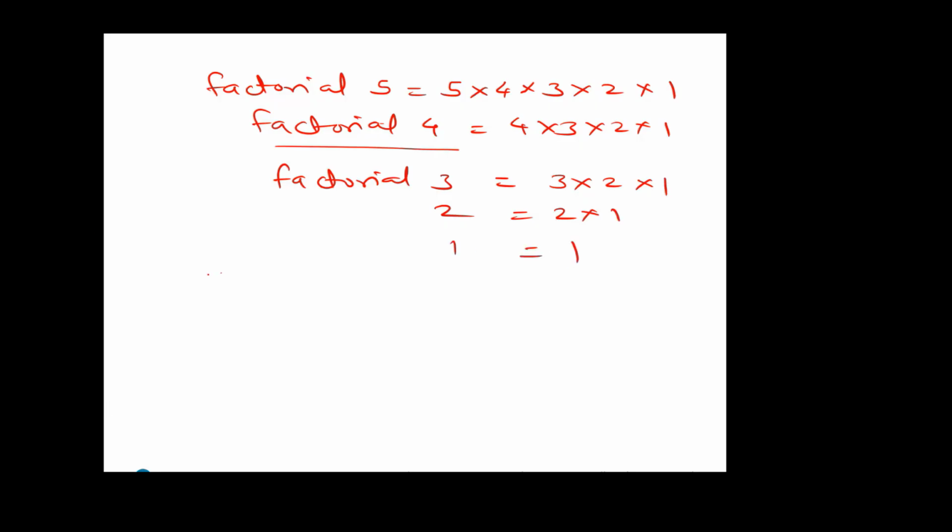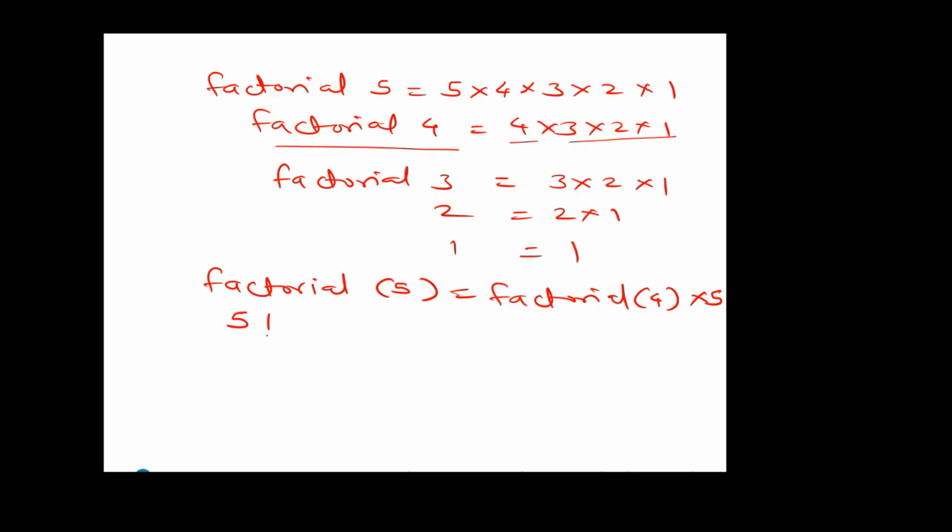So in this case, we can say that factorial of 5 we can calculate as factorial of 4 multiplied by 5. Now, what is factorial of 4? We can break it down as factorial of 3 multiplied by 4. So in other words, I can say 5 factorial is 4 factorial multiplied by 5. Then what is 4 factorial?